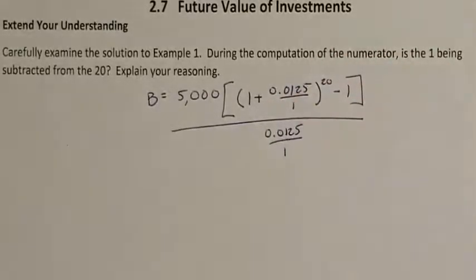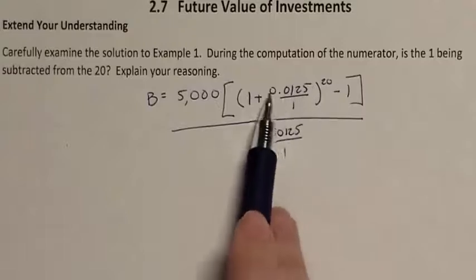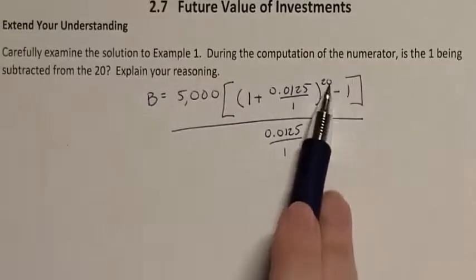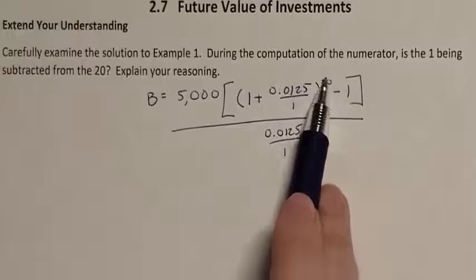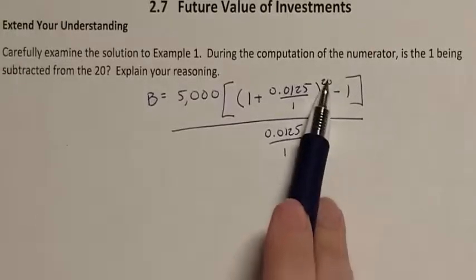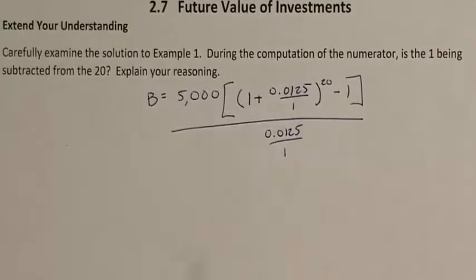This was your solution to example 1. It says, during the computation of the numerator, is the 1 being subtracted from this 20? And explain your reasoning. This 20 has nothing to do with this minus 1. This 20 is an exponent connected to this parentheses.